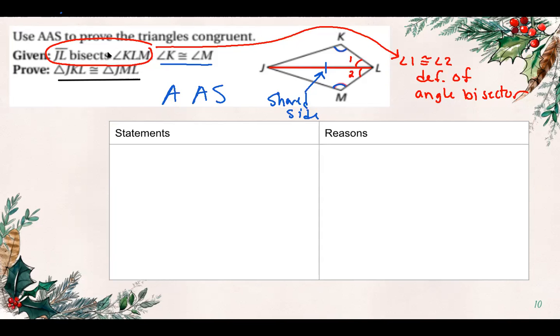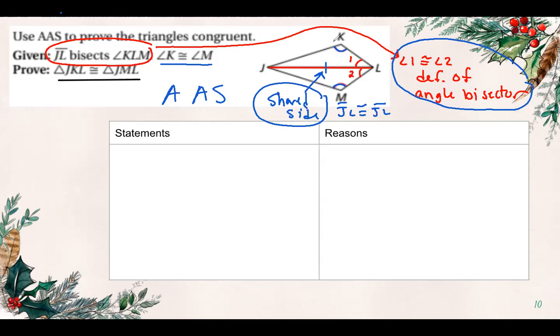So even though this leads us to say we have congruent angles, this needs to be its own statement. That will go somewhere in my proof after the givens. Same with this shared side: saying that JL is congruent to itself is going to have to be its own statement after the givens.